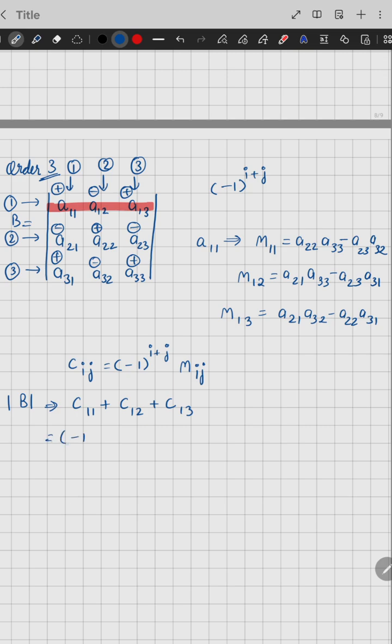So minus 1 to the power 1 plus 1 into Mij, that is A22 into A33 minus A23 into A32.